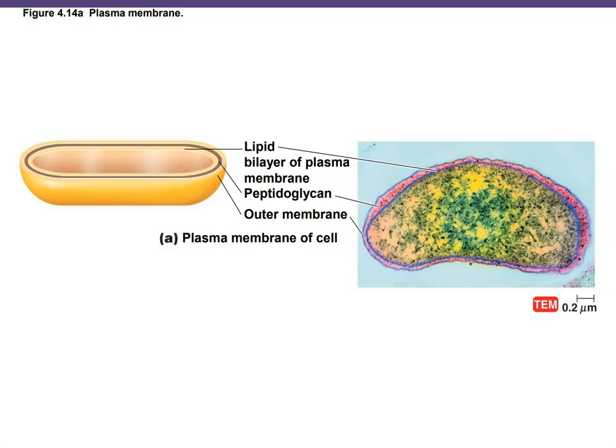So this would be a gram-negative cell, where we have an outer membrane and then a lipid bilayer on the inside too. It's slightly confusing the way it's shown here, but the outer layer is the outer phospholipid bilayer, then we have the lipid bilayer of the plasma membrane, the inner layer, and in between we have the peptidoglycan, so clearly a gram-negative cell.